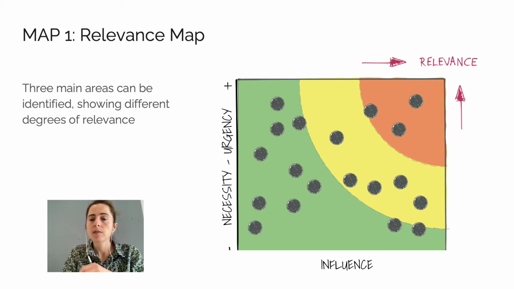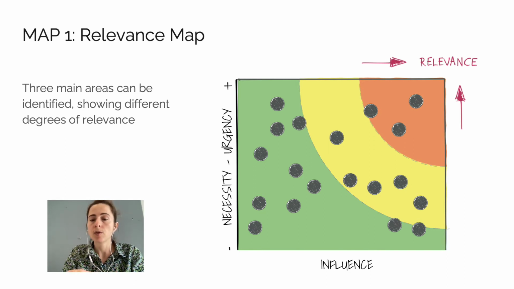So this is one of the simplest maps and can be used as a starting point for a wider map analysis. As previously explained, the relevance as a criterion is made up of 2 other criteria, influence and necessity combination.